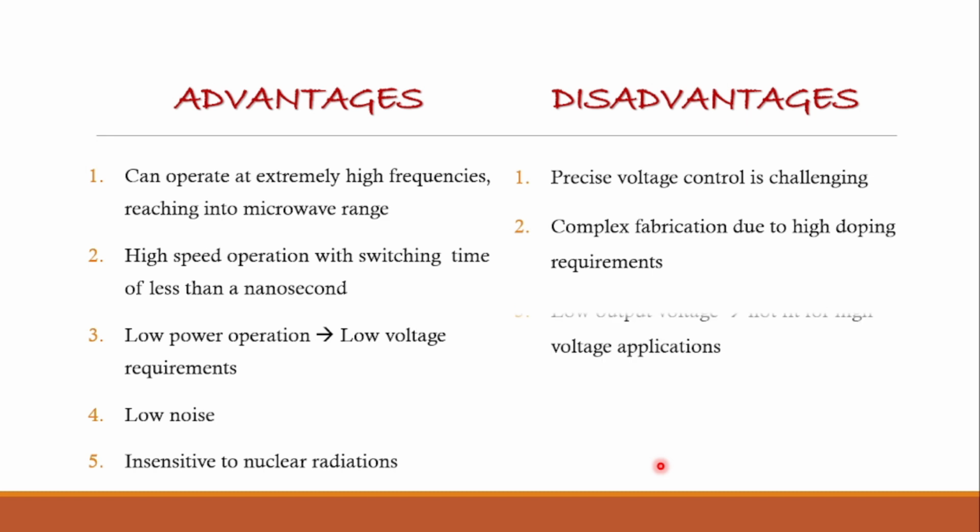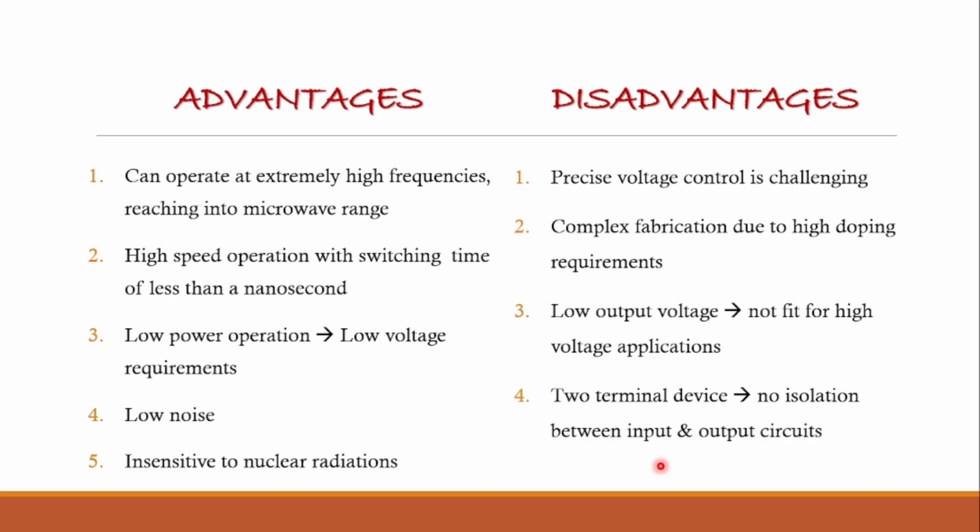And also due to their low voltage output, they are not suitable for high voltage applications. So these are the three important limitations or disadvantages, whereas the fourth one is we have seen that tunnel diode is a two-terminal device, and due to this there is no isolation between the input and output circuits.